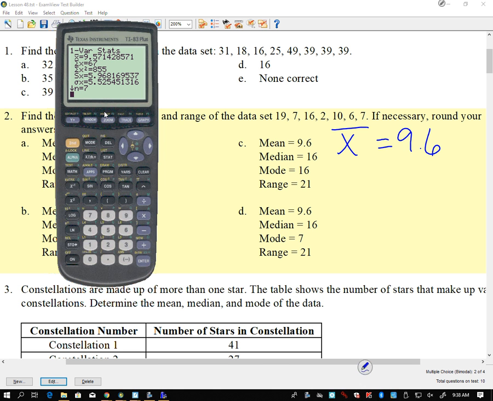Okay. Now, if I want the median, I don't see median anywhere in here. So I'm going to hit down here. Hit stat again, then go over to calc, and then you have to hit that a few times. Some of you might have missed what I just did. I got my information here, but if I want the median, I have to scroll down.